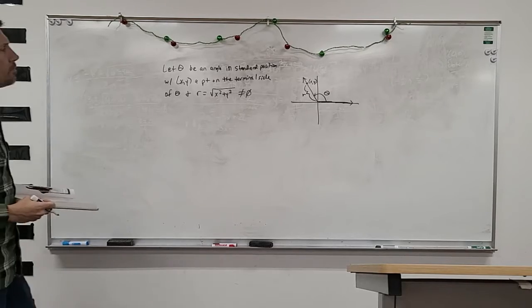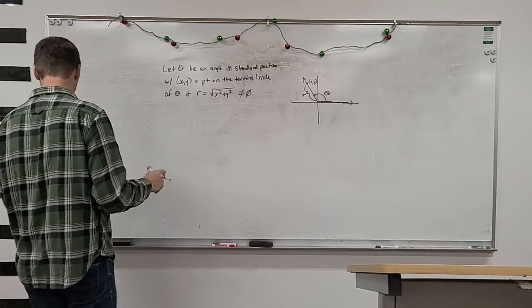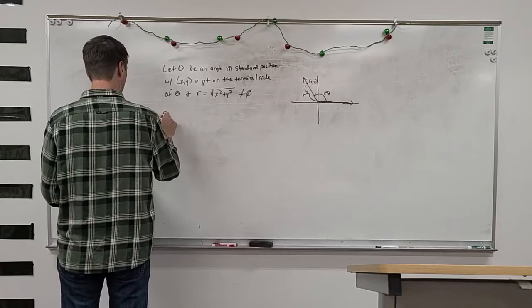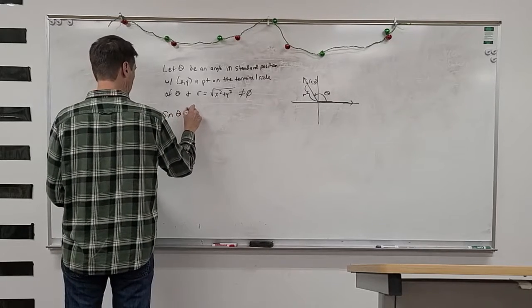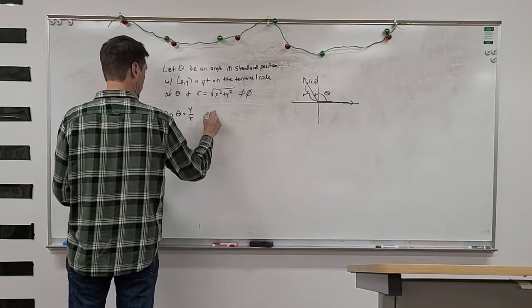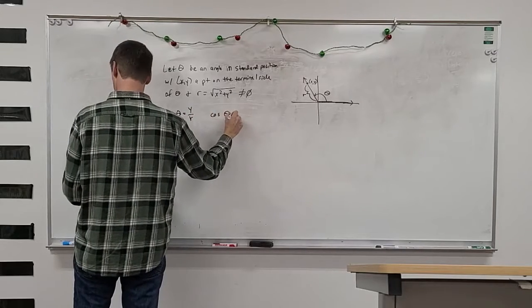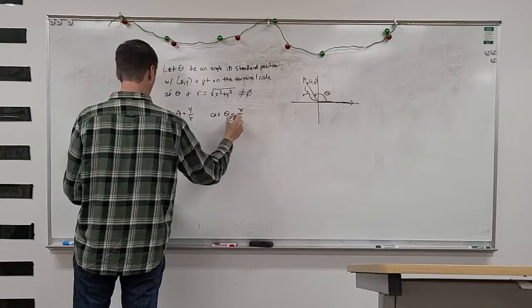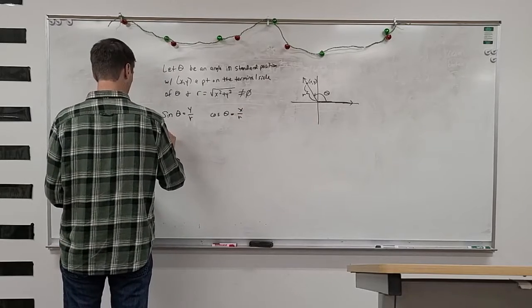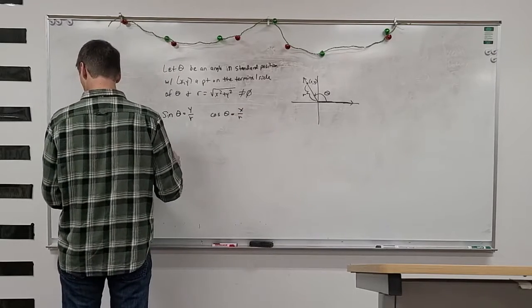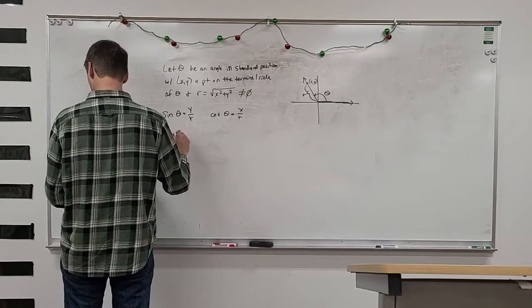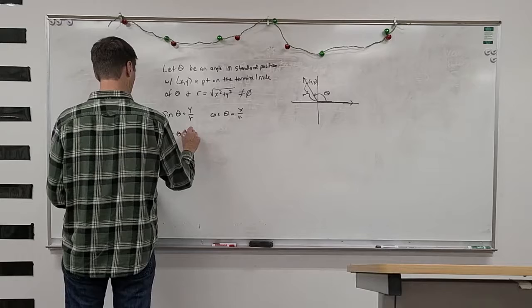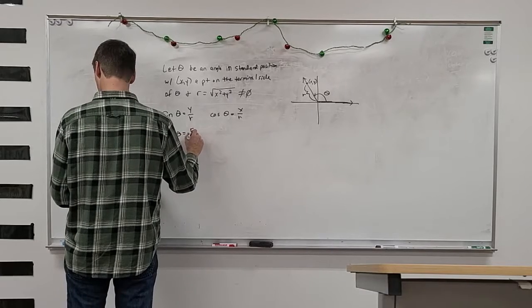All right. So if we say that, then we can list these six trig functions for this angle. Sine of theta equals y over r. Cosine of theta equals x over r. I'm going to write them a little bit out of order because these are just the inverses, so I think it's good to see it this way.